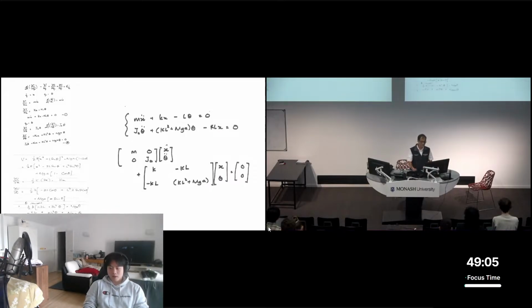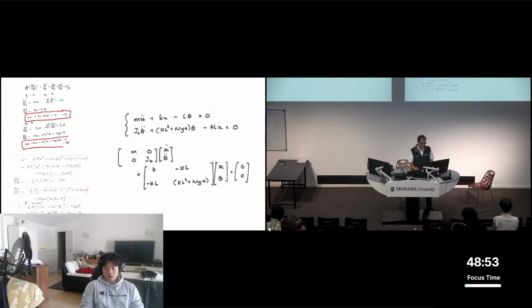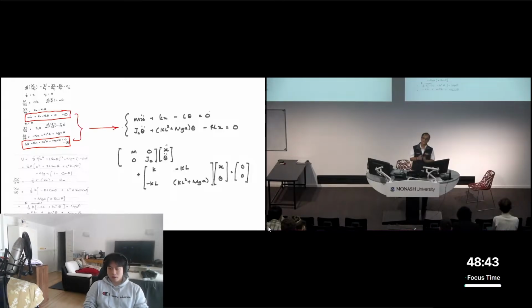What is important is that when I consider my first generalized coordinate, this is my first equation, and when I consider my second generalized coordinate, that is my second equation of motion. So I have written them here, and this is the system of equations which describes the dynamic motion of this mechanical system.